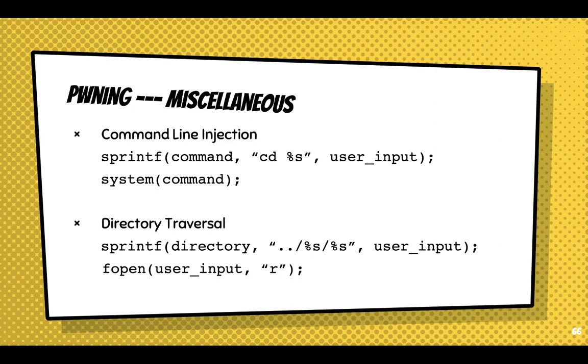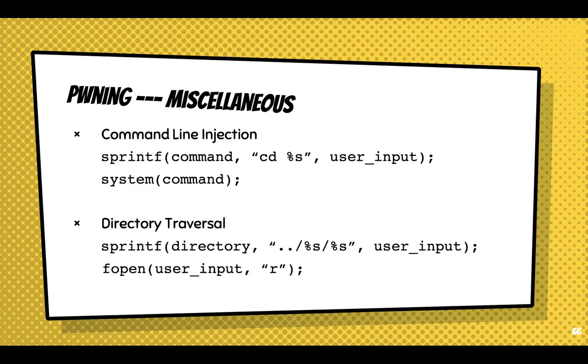So those two kinds of vulnerabilities can be defended against in a way that when you code, you want to make sure that the command is nicely checked, or even just don't use system, because system is tricky. I know that there are some programs that use system, but if you have to use system, make sure that you check the command well enough so that users cannot directly affect the command.